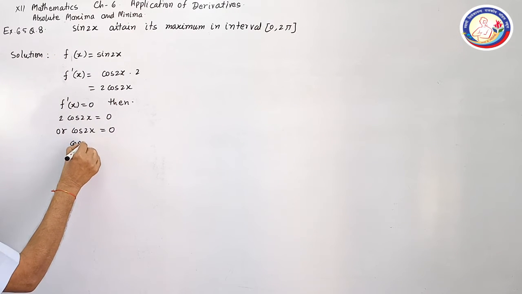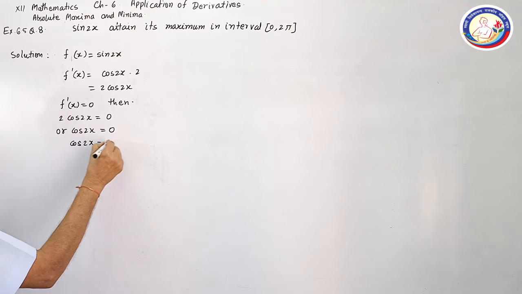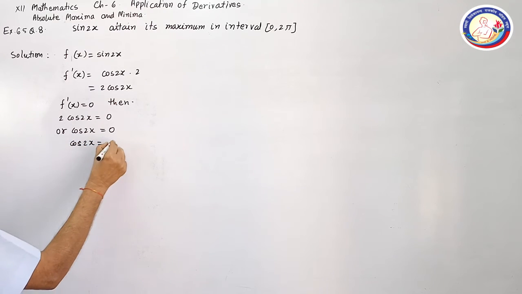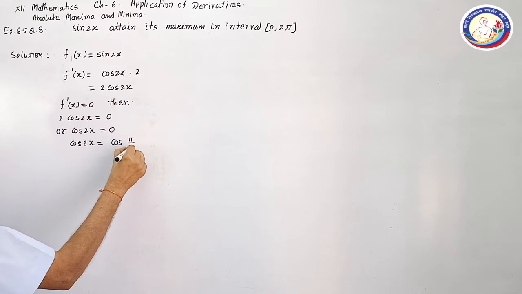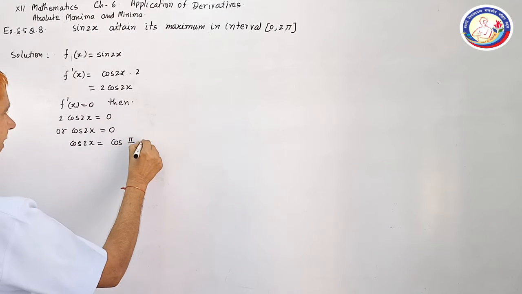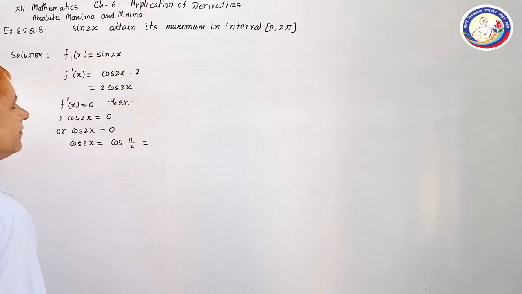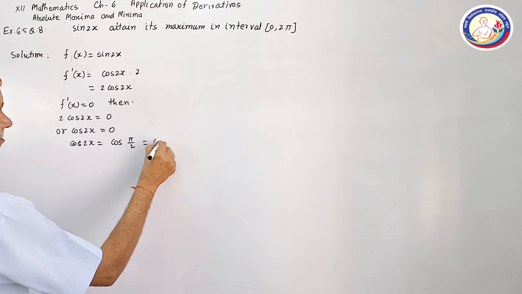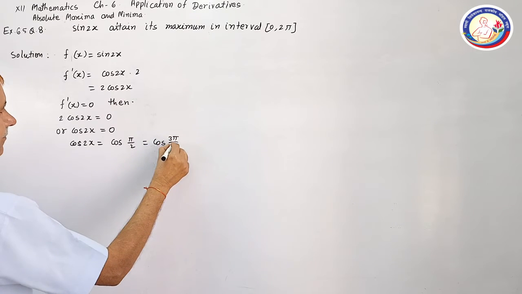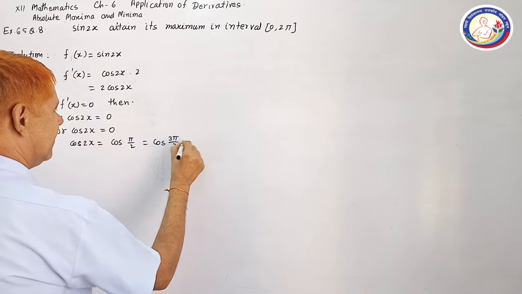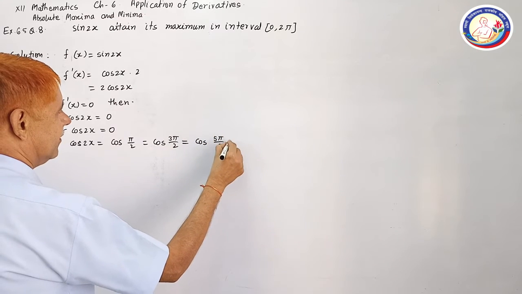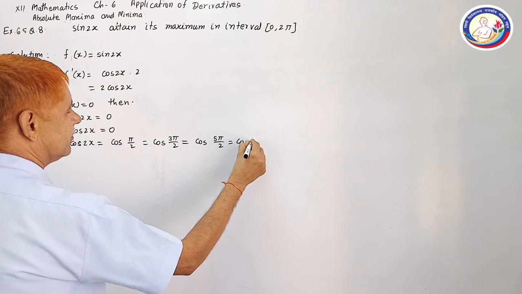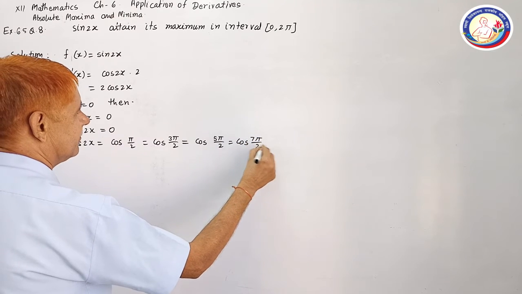So the first point where cos theta will be 0 is like this. I am writing it in a simple way: cos 2x equal to cos of pi by 2, at 90 degrees. Again, if we put n equal to 1 in that formula, then cos 3 pi by 2. And then cos 5 pi by 2. And then cos 7 pi by 2.